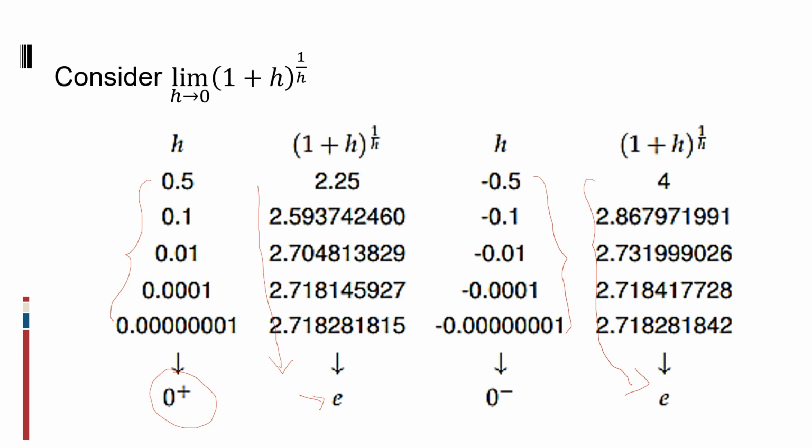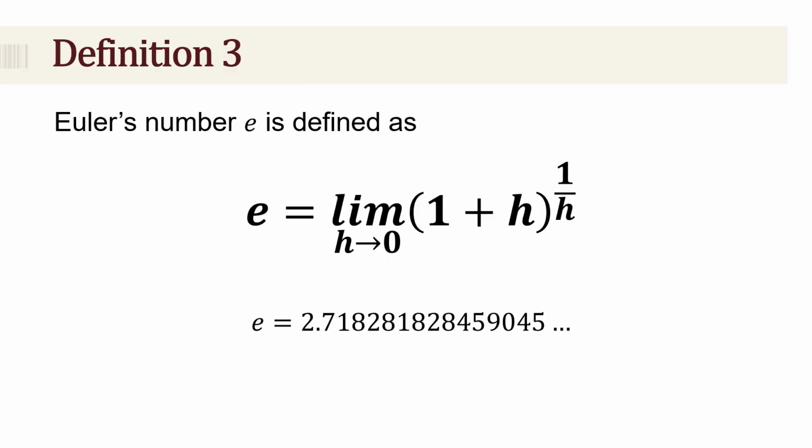So what can you say about the limit of 1 plus h raised to 1 over h as h approaches 0? Well, based on the table of values we saw, this is just equal to e. In fact, that is our definition of Euler's number. Euler's number is e.